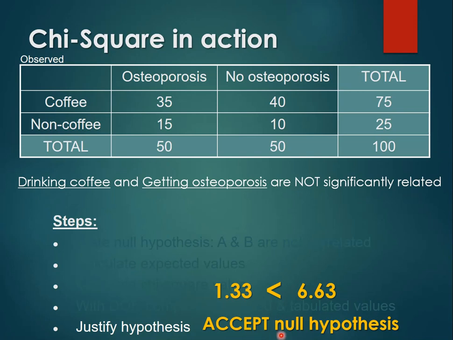So we accept this null hypothesis. If the calculated value is greater than the tabulated value, then we reject the null hypothesis. If we reject the null hypothesis, then drinking coffee and getting osteoporosis are significantly related.